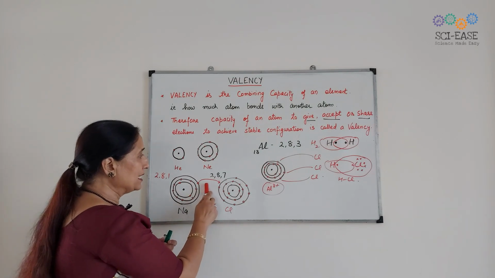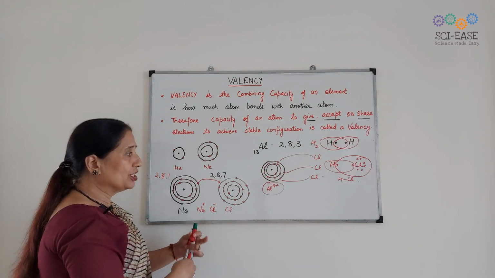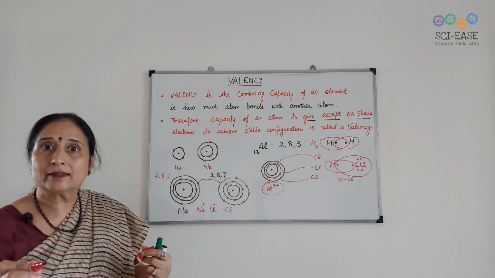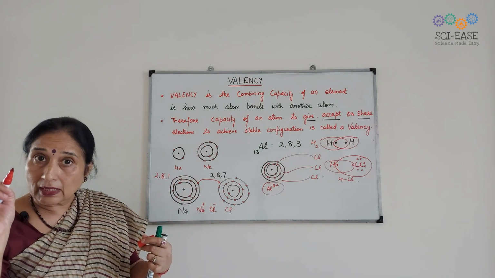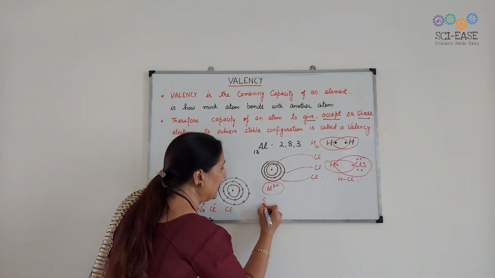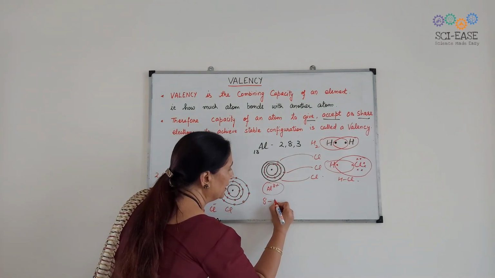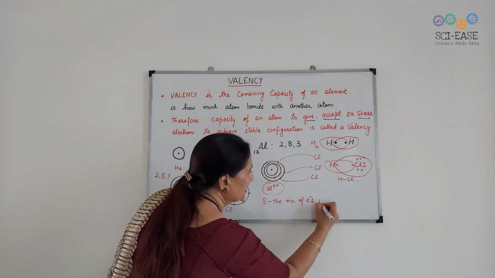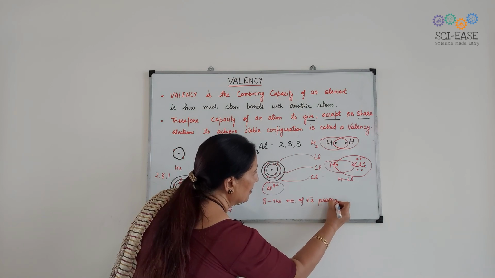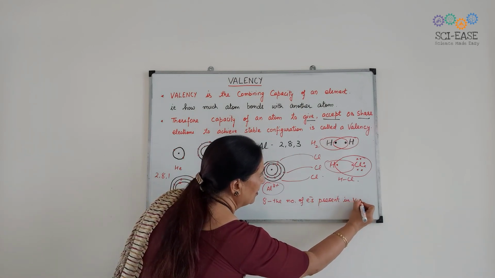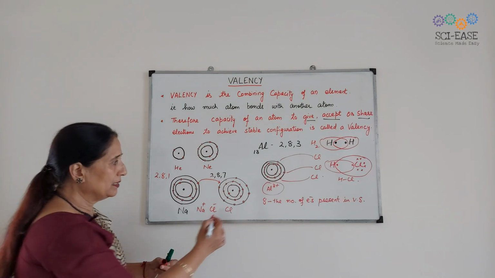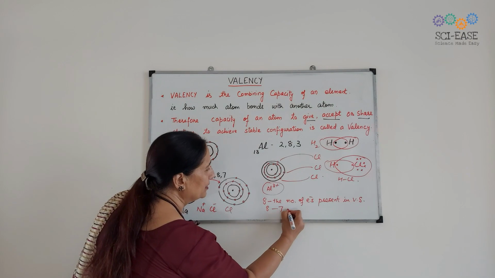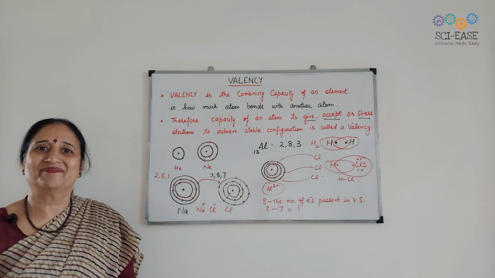So in halogens or chalcogens, the oxygen family, how we calculate the valency is 8 minus the number of electrons present in the valence shell. Here the number of electrons present in the valence shell in case of chlorine is 7, so valency will be 1.